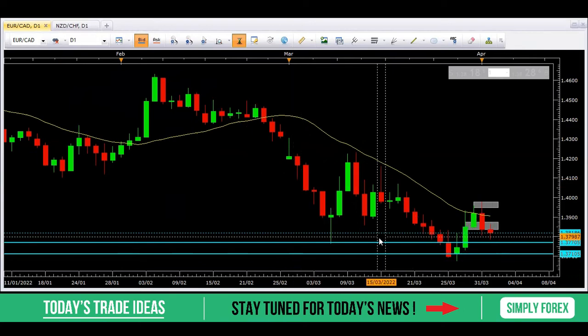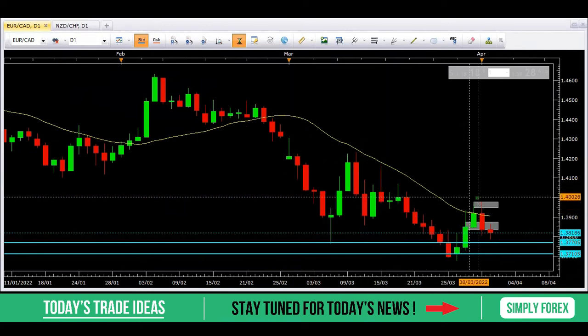We had a very strong candle on Thursday to tell us things are going lower, and less so on Friday, but it's still negative. So I still think we can take price down to this blue line and even this blue line.